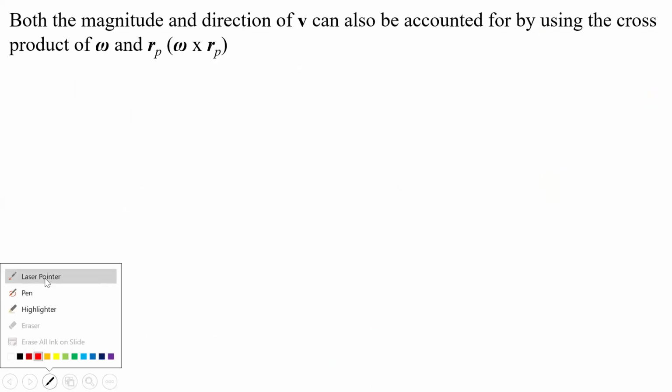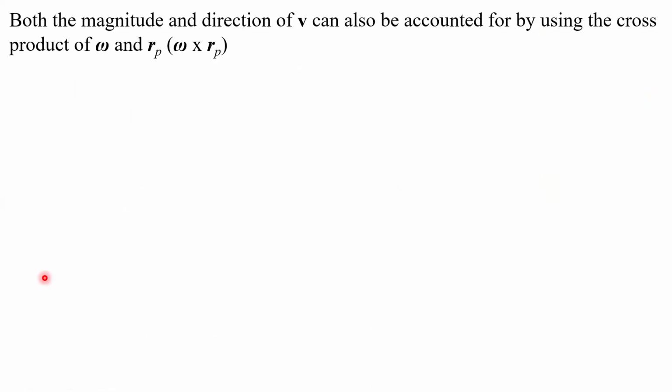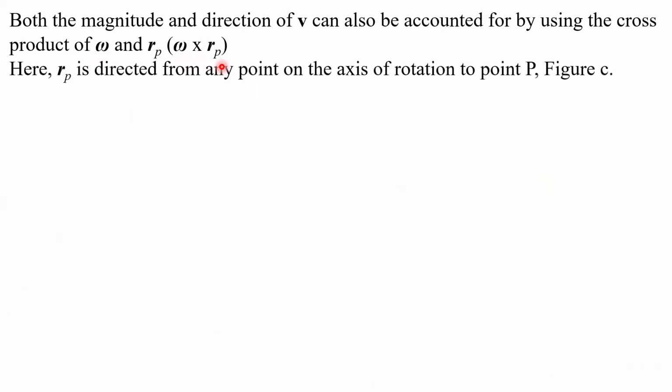Both the magnitude and direction of v can also be accounted for by using the cross product of omega and r_P, that is omega cross r_P. Here, r_P is directed from any point on the axis of rotation to point P. We have that v is equal to omega cross r_P.